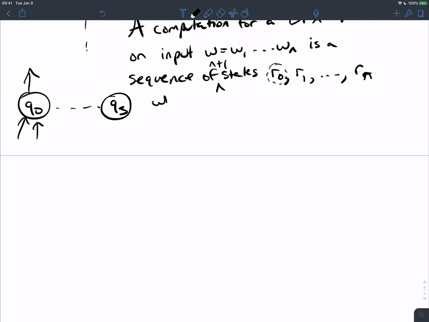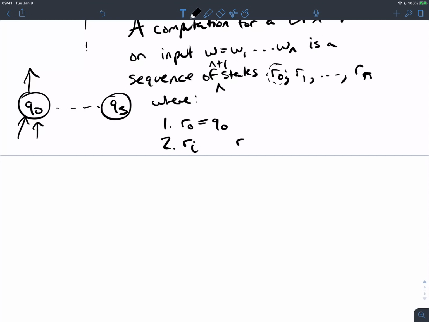So in fact, we need to say something about what these R states are. Well, it's a sequence of these states. The first one, R0, had better be the start state Q0, because if it's different, then we just made something that doesn't make sense. It doesn't start in the actual start state. Now, if I want to go to state Ri, what state should I come from? Ri minus 1.